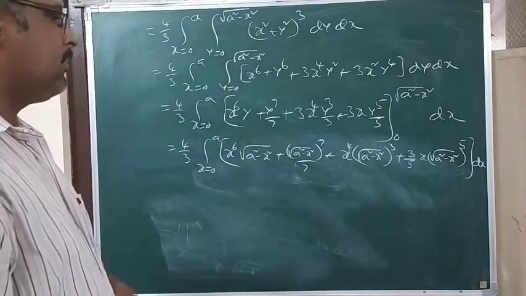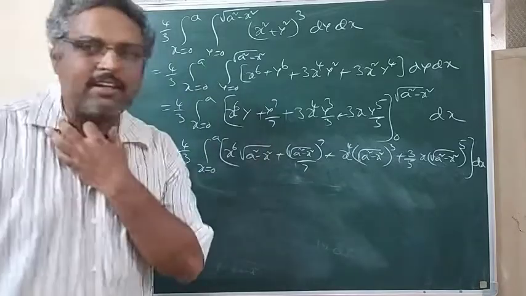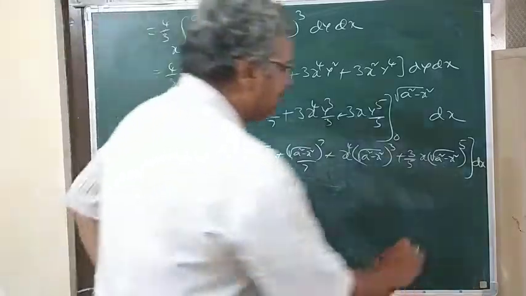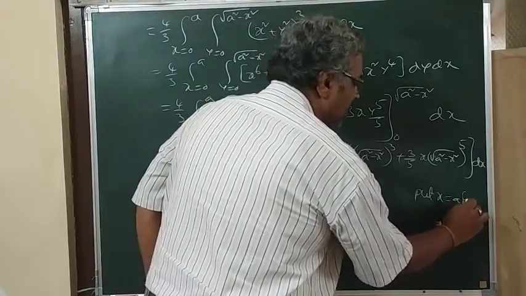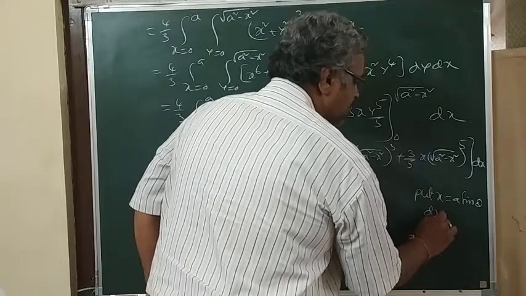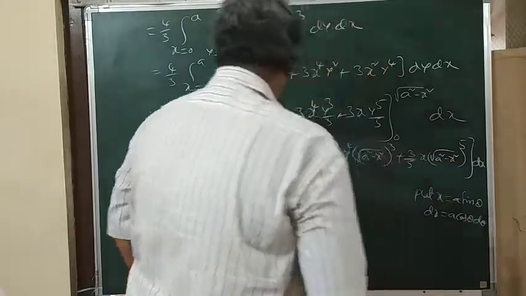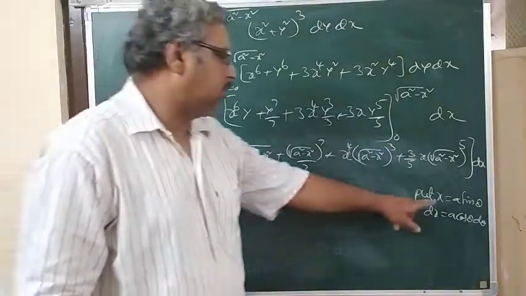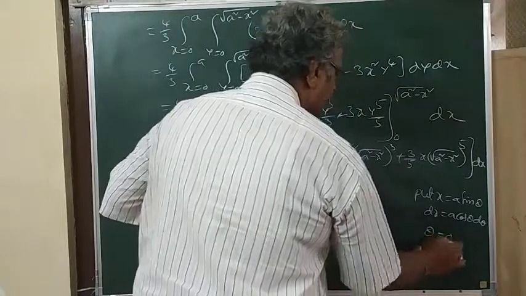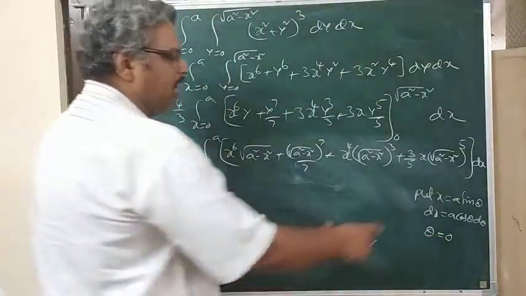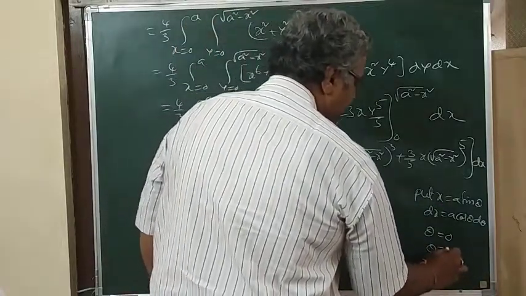Now, for integrating with respect to x, put x equals a sin theta. Dx equals a cos theta d theta. Also, if x equals 0, sin theta becomes 0, theta becomes 0. And when x equals a, the a's cancel, sin theta is 1, then theta equals pi by 2.